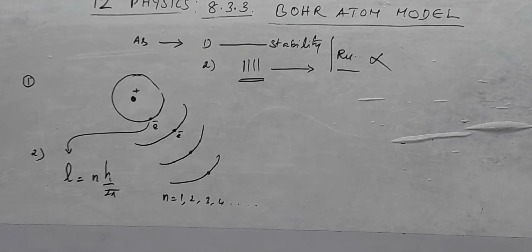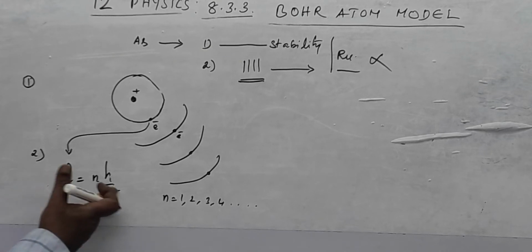Then in the second part of the second hypothesis, the angular momentum of the electron in a stationary orbit is quantized, that is, it can be written as integral multiples of h by 2 pi, as I already told.